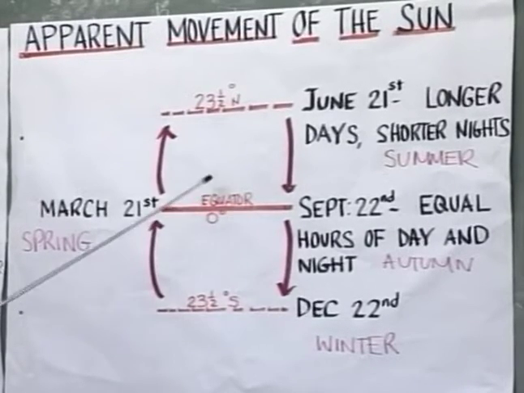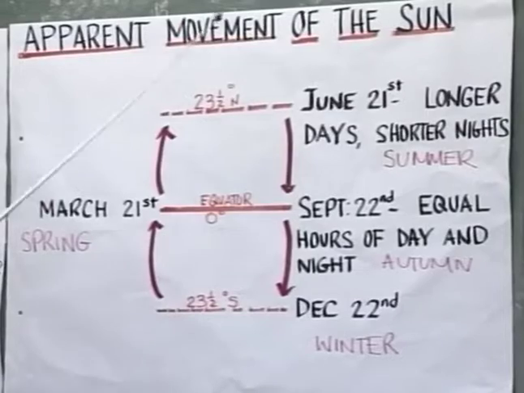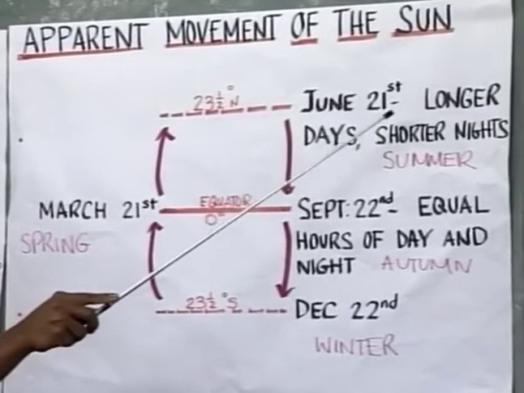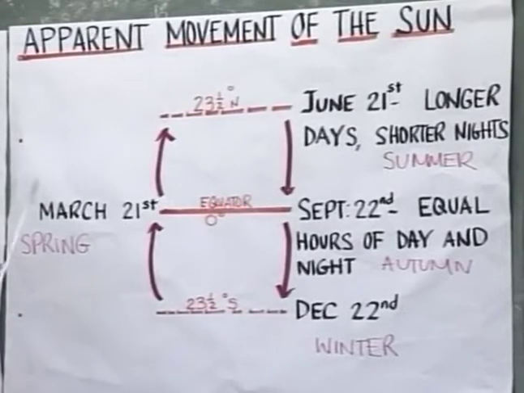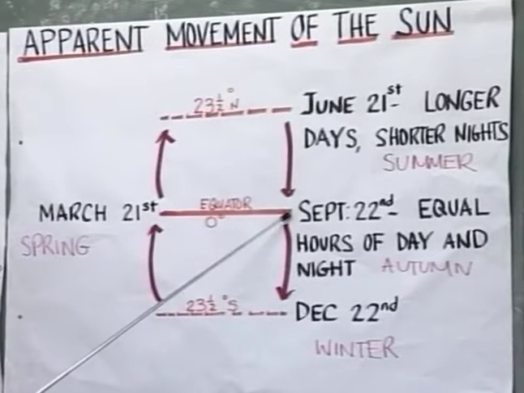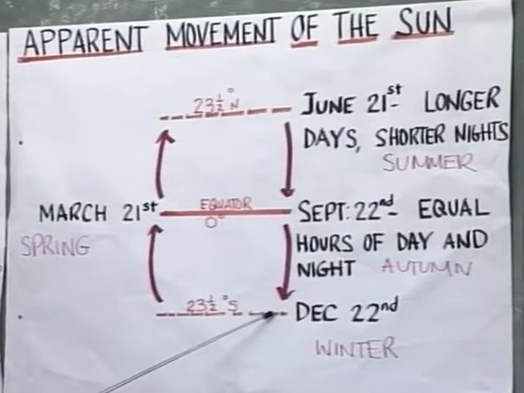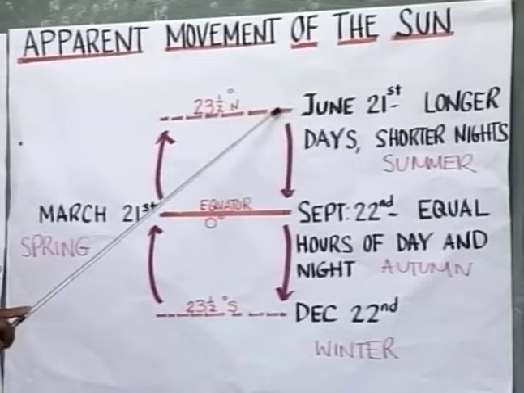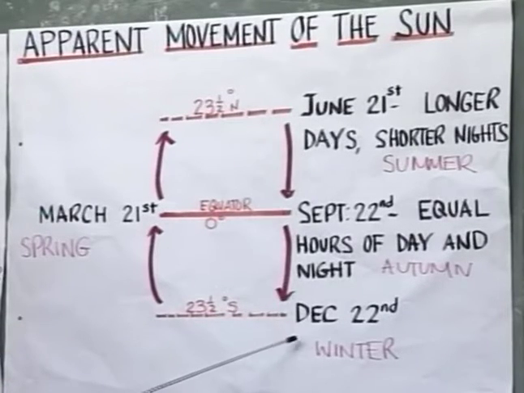So basically what we have done here, we have looked at 2 things. We have looked at the varying length of day and night in each of the hemispheres, and also at those 3 important points when the sun is actually directly above them or away from them.